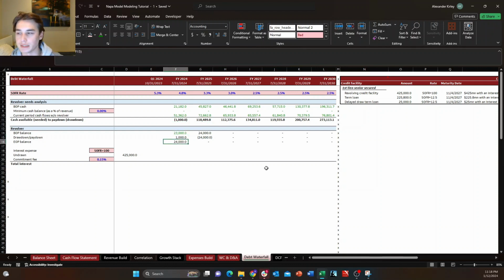I'm going to need to draw down upon my revolver $1 million, resulting in an end of period balance of $24 million, which flows back to the next period's top, right? And here it's saying that, okay, I now have 118 million of cash to pay down, therefore I'm going to pay down my revolver. However, that is not the case.